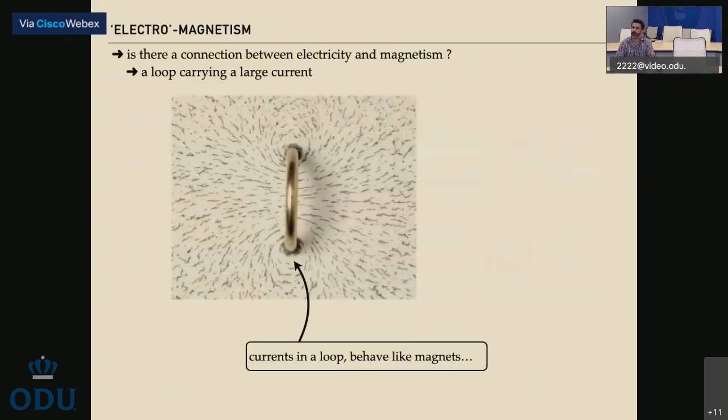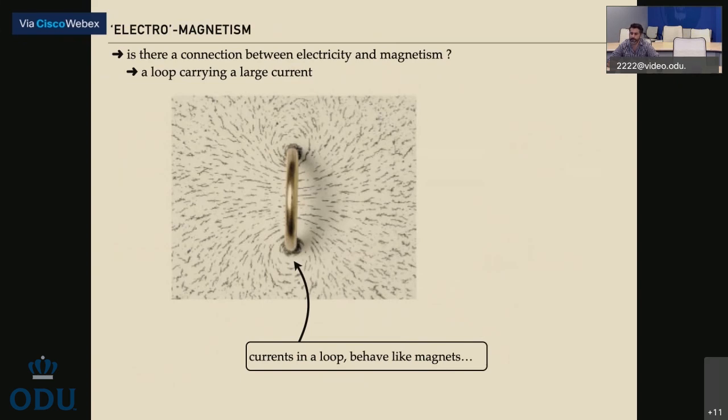Okay. Then the other important observation is that there's a connection between electricity and magnetism, and this is really driven home in the second course of any introductory physics course.